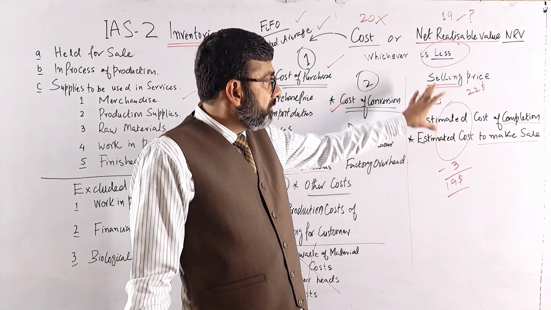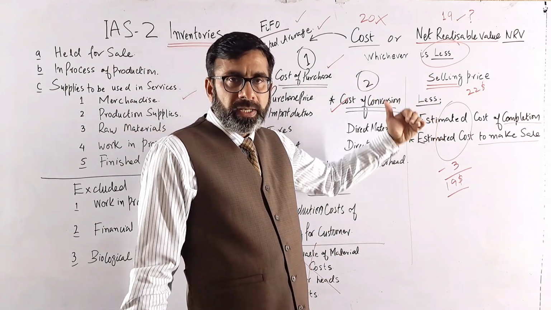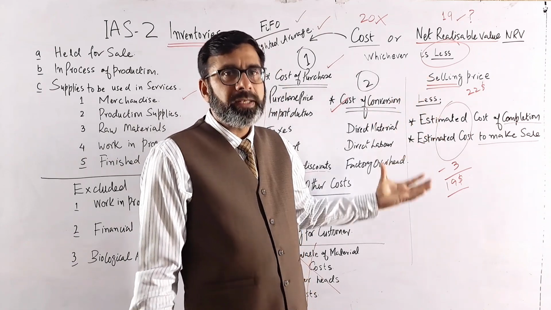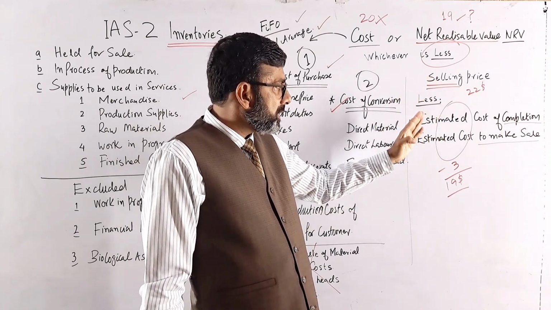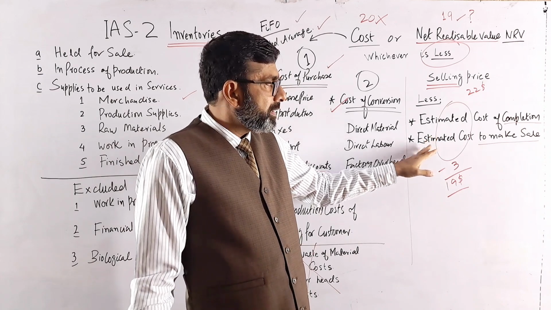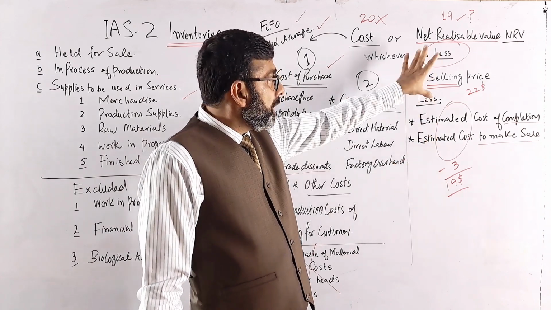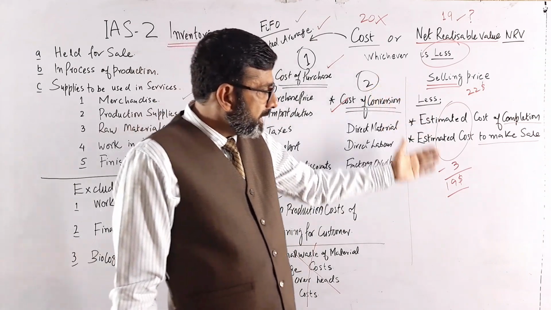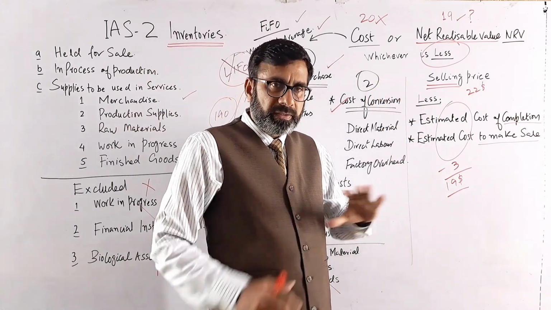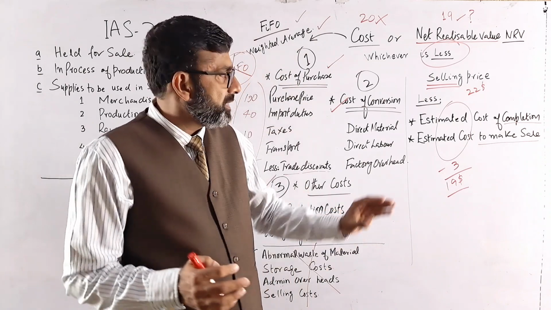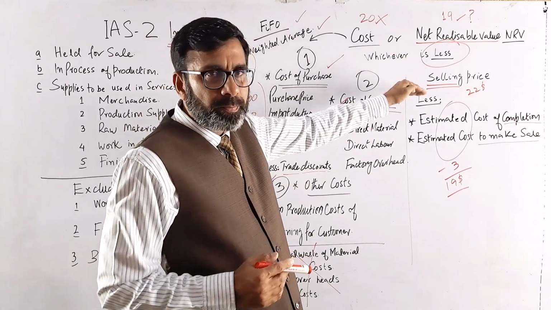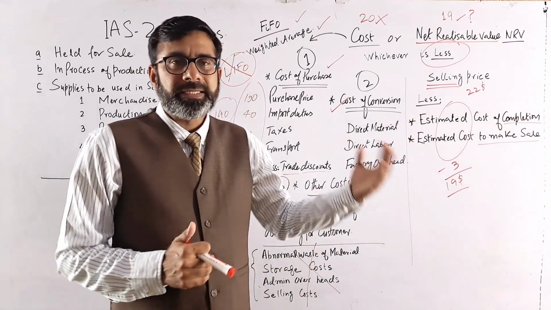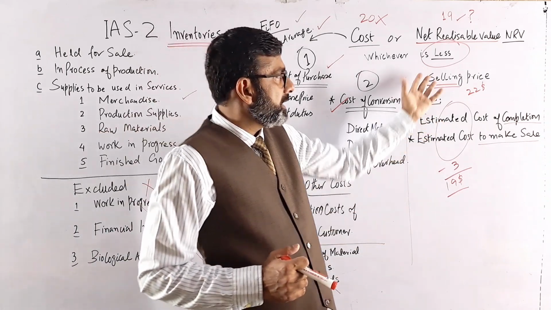What is included, what should be considered while estimating the selling price, what is the cost of completion, and what is the estimated cost to make the sale, we will cover in a complete lecture on that. This is just the basic concept that the net realizable value is the selling price or the market value less any cost to make the sale.